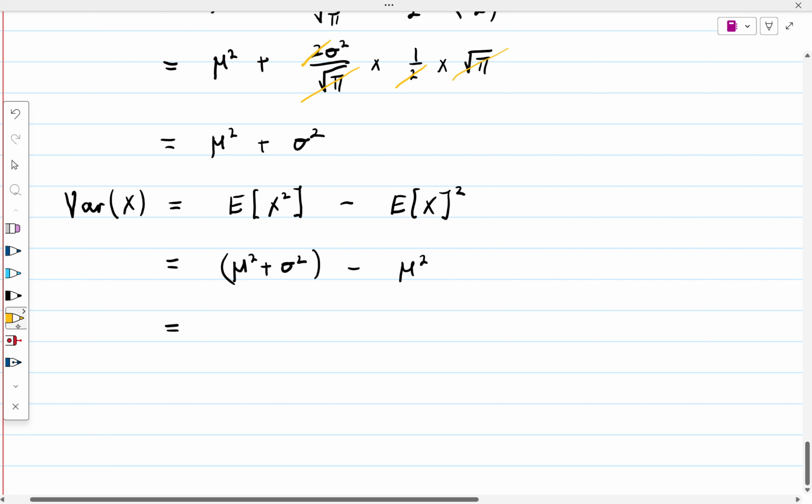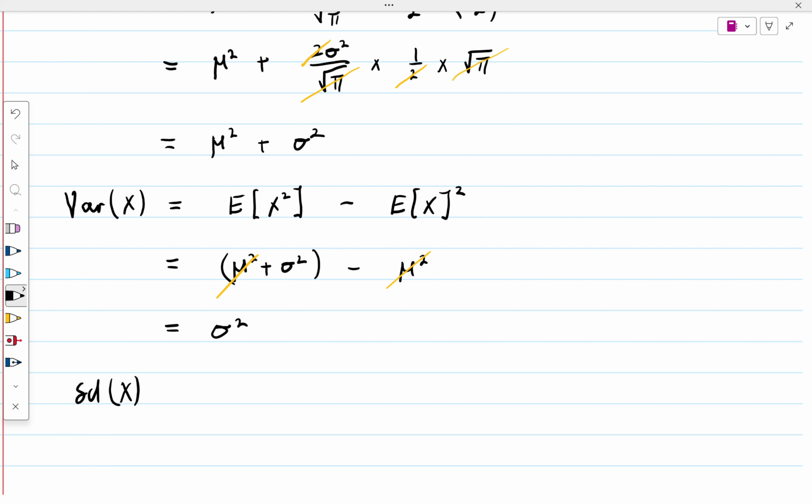And then the mu squared here cancels the mu squared here, and we are left with sigma squared. And for completion, we'll take the standard deviation of x, which by definition is the square root of the variance, which is the square root of sigma squared, which is just sigma.